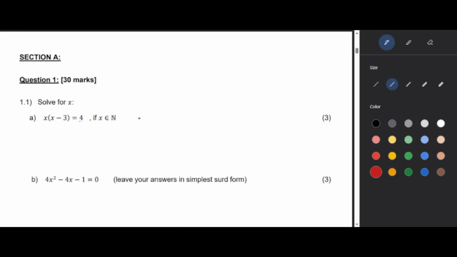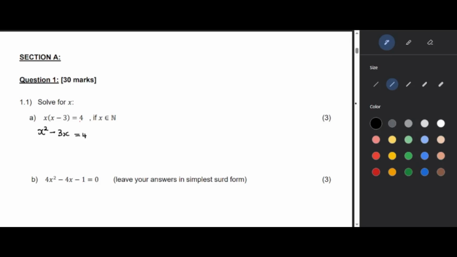Each and every term inside we need to multiply by x. This will give us x squared, then we multiply the negative 3 with x, which is minus 3x. And remember, this is equated to 4.